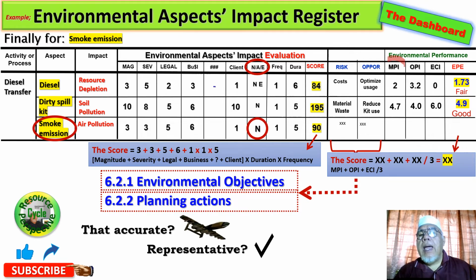One is MPI, which represents management performance index. OPI, which represents operational performance index. If you're working in companies, you know what this means. Or ECI, environmental condition index.